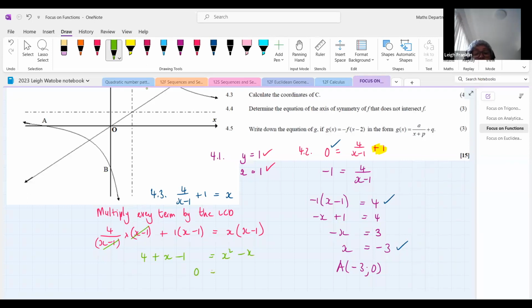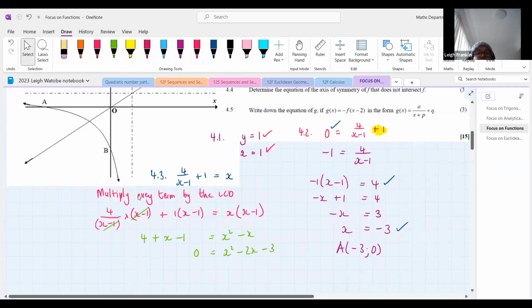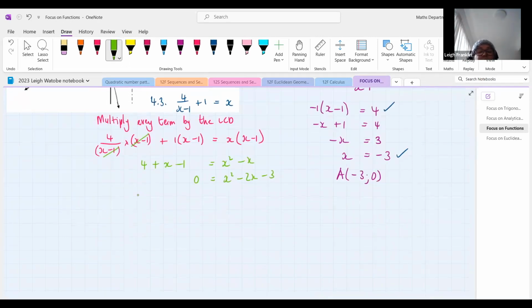Now I want to get it into standard form. So I'm going to end up with x squared minus 2x minus 3. Okay, now I'm going to factorize. And 2 solutions for x.